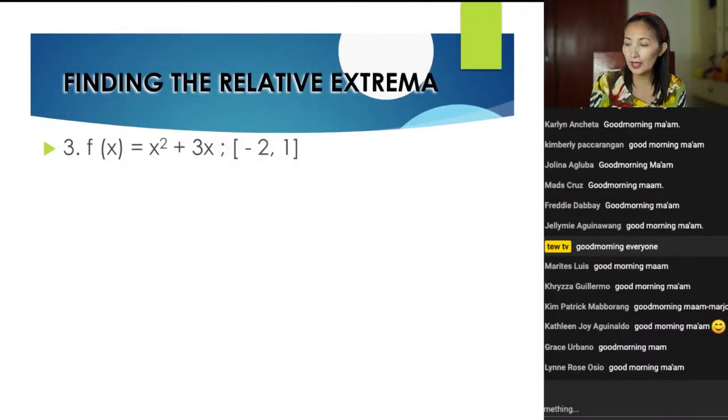For instance, find the relative extrema of the function f of x equals x squared plus 3x in the interval -2, 1. Once again, the function given is x squared plus 3x, and the interval is -2, 1. So go back to the steps.